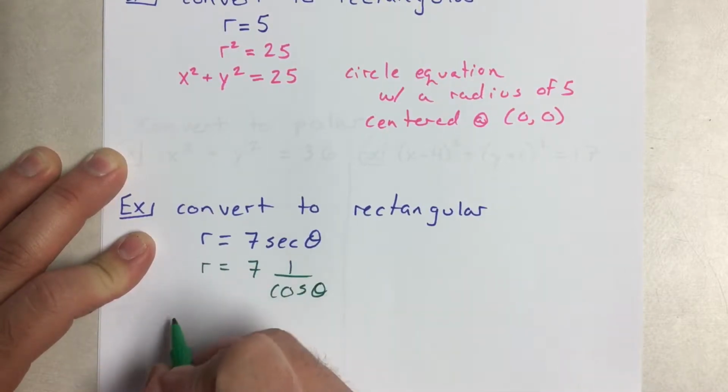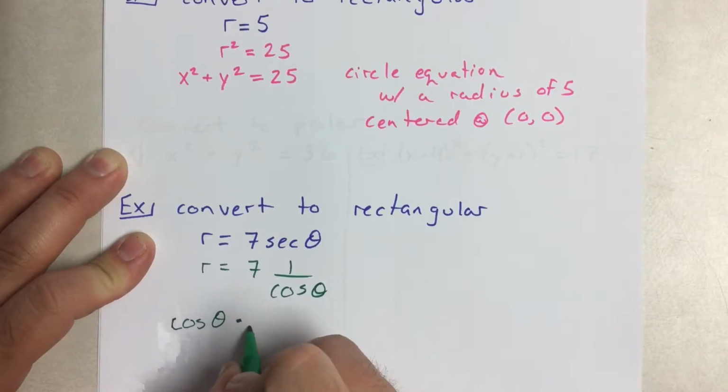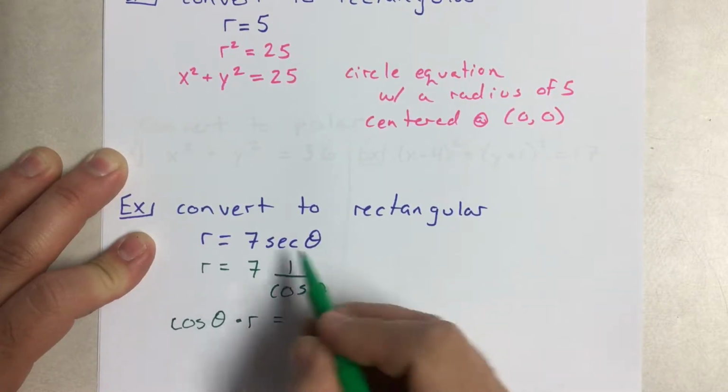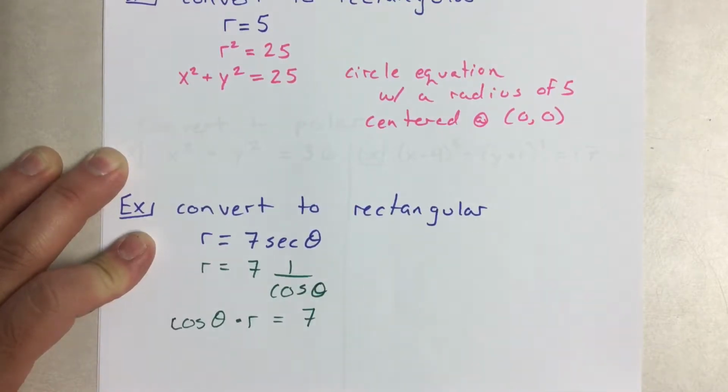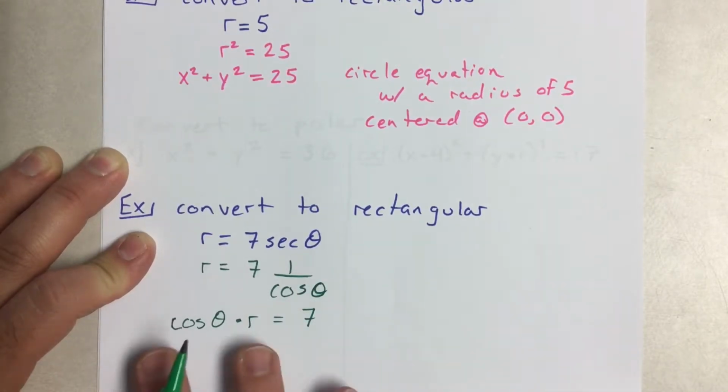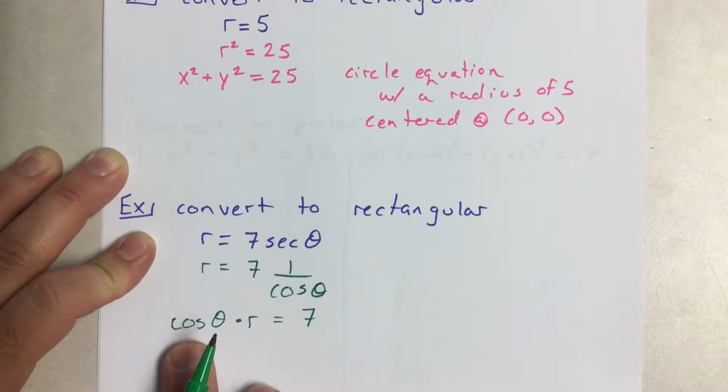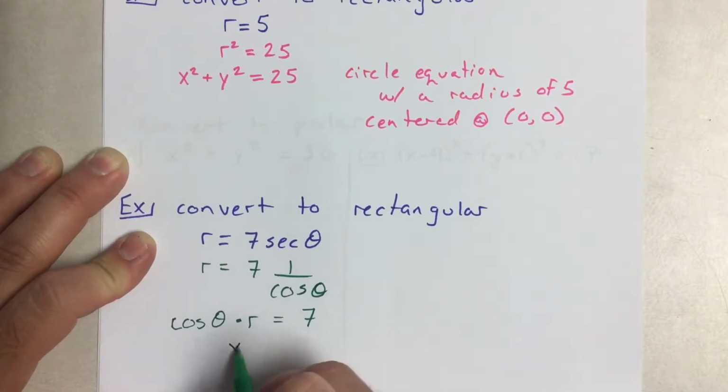When I multiply both sides by cosine, we get cosine of theta times r equals just 7, because the idea was to cancel the cosine on the right. Looking at this, I can replace r cosine theta with x. And there you go.